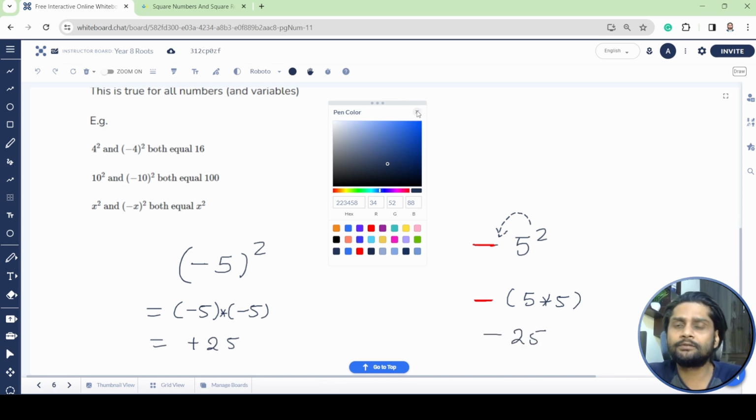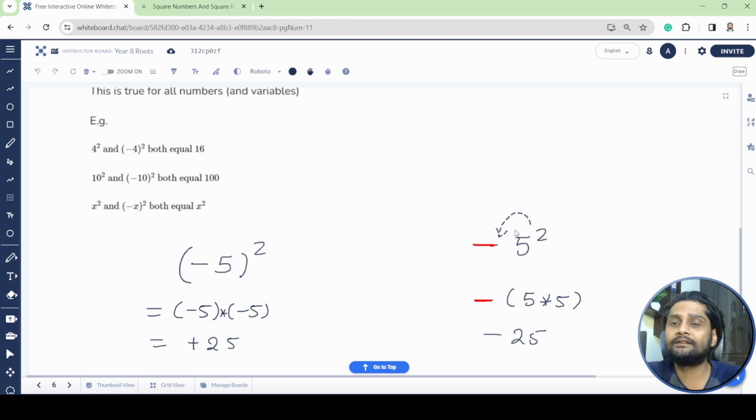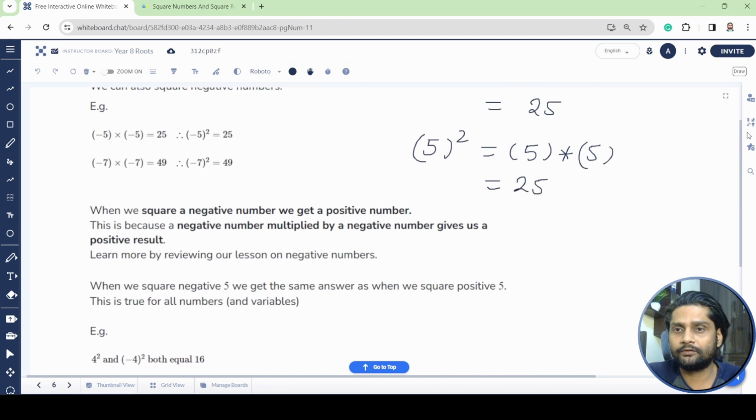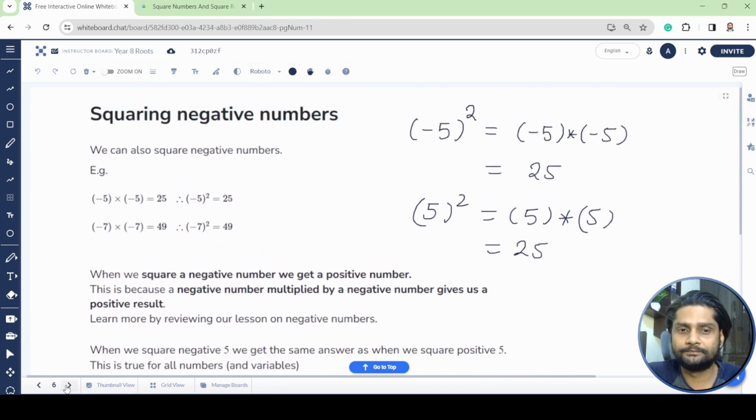This is an exception because this negative sign wasn't included within the square. That's why we did not consider it in multiplication. If it was in the bracket, we would have considered it to be multiplied, and then we would get the positive answer. This is how we can get the square of any negative number.